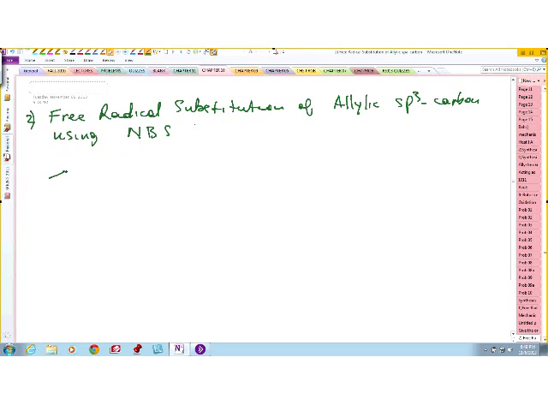Now, if you take this molecule here, an allylic carbon is that carbon that is attached to a carbon-carbon double bond. So therefore, this carbon here is what we call an allylic carbon. This is also an allylic carbon.